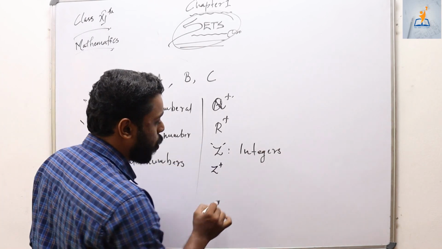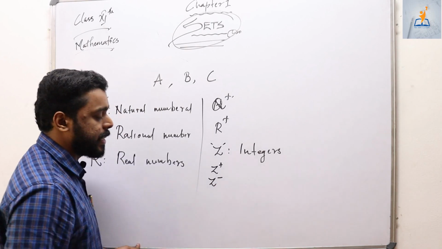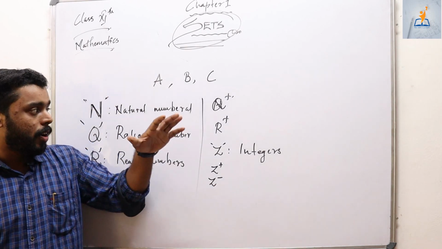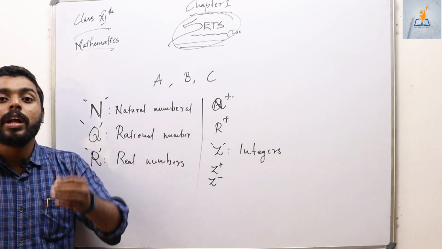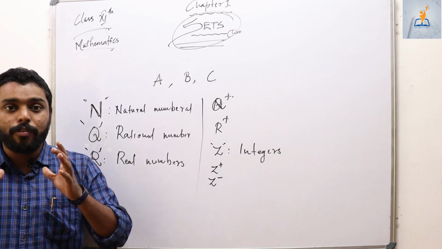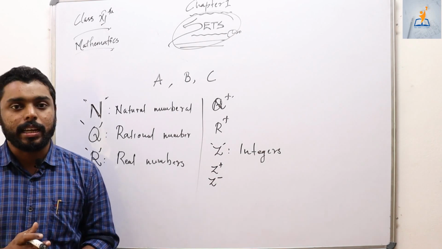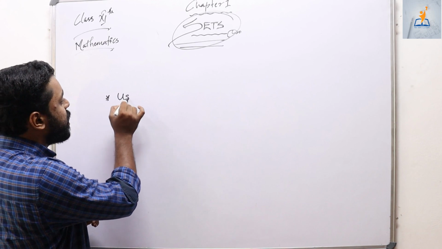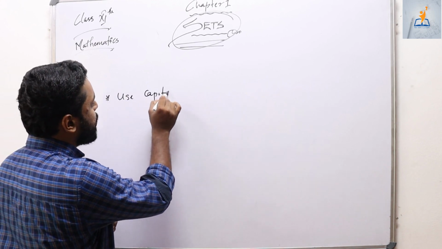You know Z plus is the positive integers, Z minus is the set of negative integers, and so on. So that's it. We can always denote the set of any well defined collection by a capital letter. Now we said that we use capital letters to denote sets, right?